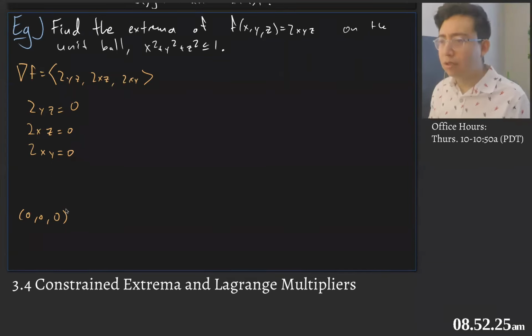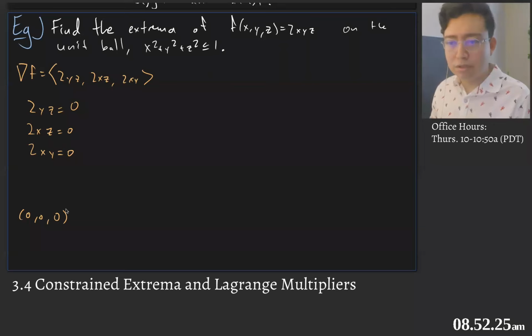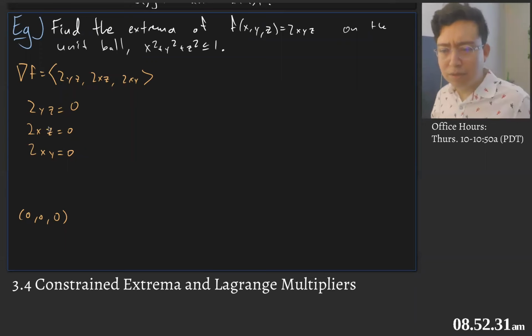Let's see. Is that the case? Yeah, so I guess you just need any two of them to be zero.